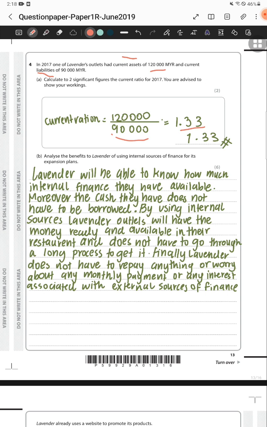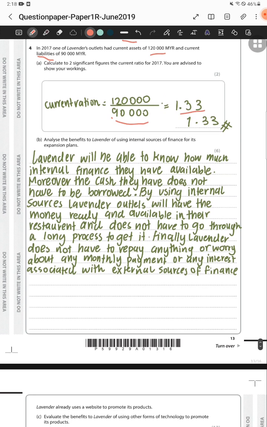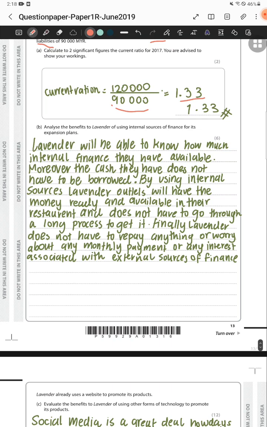Alright, by using internal sources, Lavender outlets will have the money ready and available in their restaurant and do not have to go through a long process to get it. Finally, Lavender does not have to repay anything or worry about any monthly payment or any interest associated with the external source of finance. It's also an easier method.